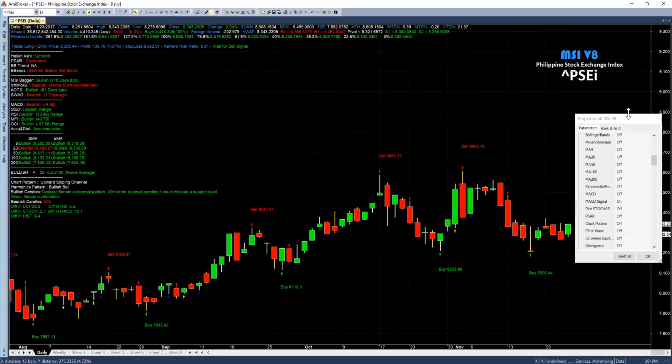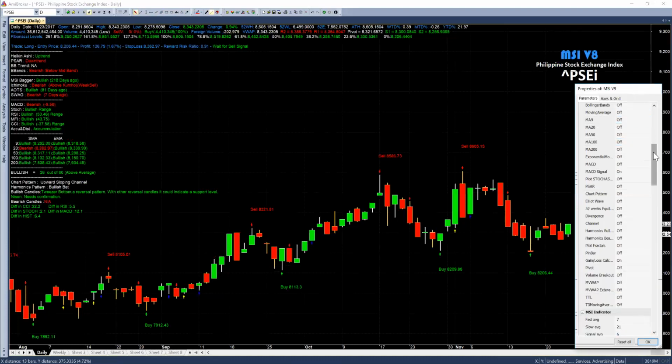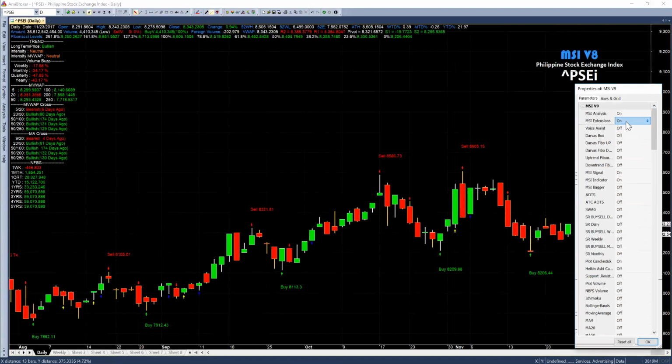Okay, so let's switch on the other indicators na nandito. Let's check it one by one. Okay, we have the MSI extensions. This is a newly added analysis sa MSI V8.